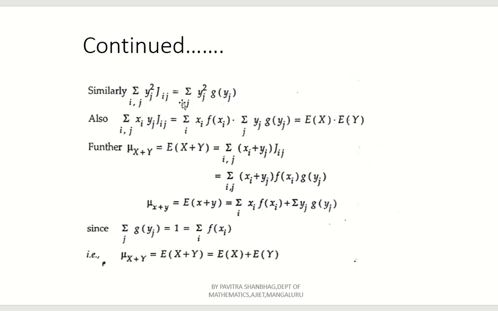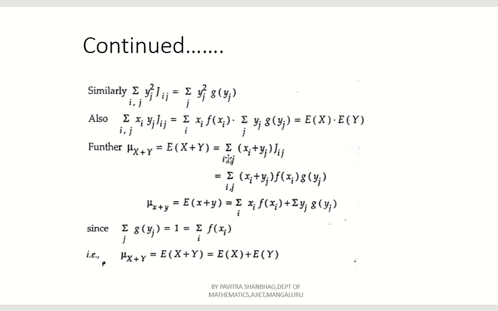Similarly, summation yj square pij is nothing but summation yj square g(yj), because again summation f(xi) is 1. And summation xi yj into pij is nothing but summation xi f(xi) into summation yj g(yj), that is expectation of x into expectation of y. Now similarly, how will you find expectation of x plus y?